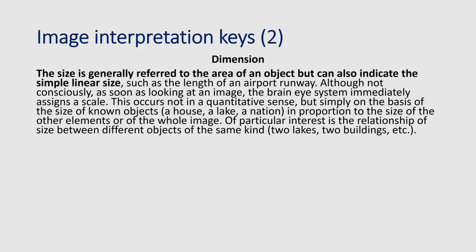Although not consciously, as soon as we look at an image, the brain-eye system immediately assigns a scale. This occurs not in a quantitative sense, of course, because we do not have this ability, but simply on the basis of the size of known objects, a house, a lake, a nation, for example, in proportion to the size of other elements of the whole image.